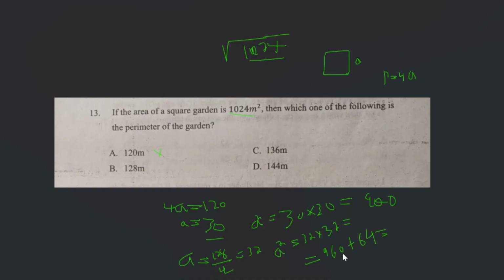So if we add them together, 0 plus 4, we're going to get 4. 6 plus 6 is going to be 12, we write down 2, and 1 plus 9 is going to be 10. We have our number. So the correct answer is B.